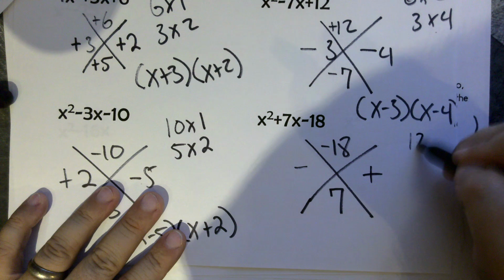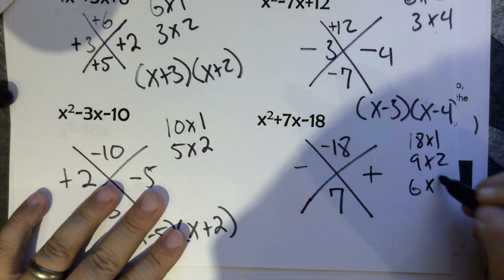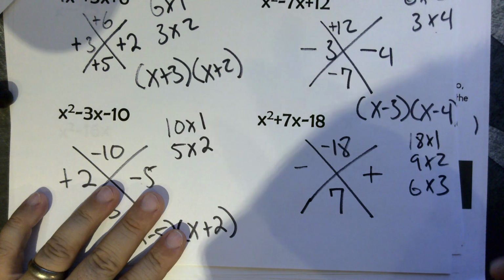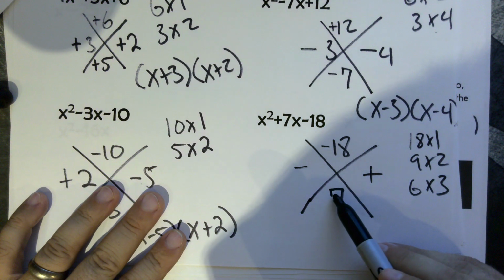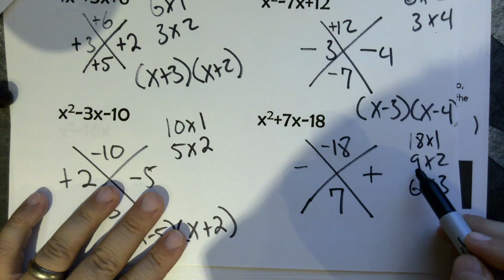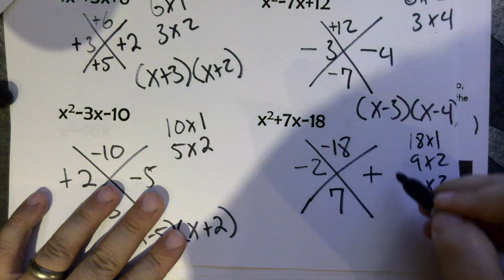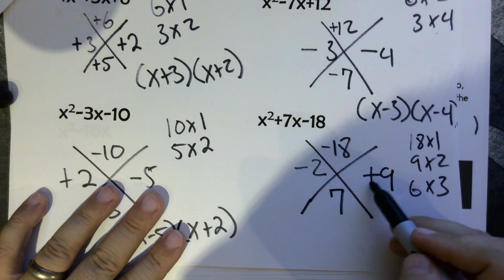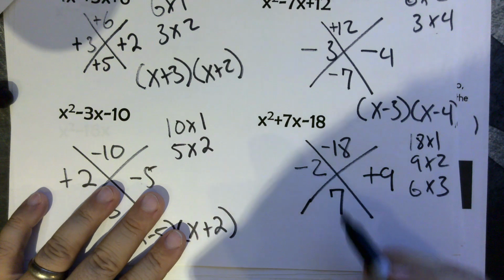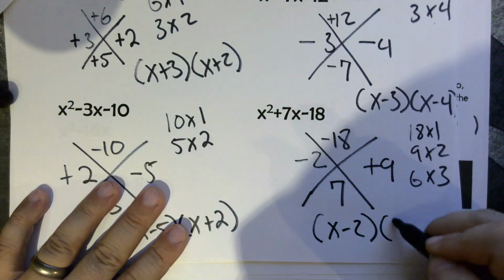We can do 18 times 1, 9 times 2, 6 times 3. I think that's it. So one of these beats the other one by 7, 9 and 2. And my negative has to be 2, and my positive has to be 9 in order for 9 to beat negative 2 by 7. So this is x minus 2 times x plus 9.